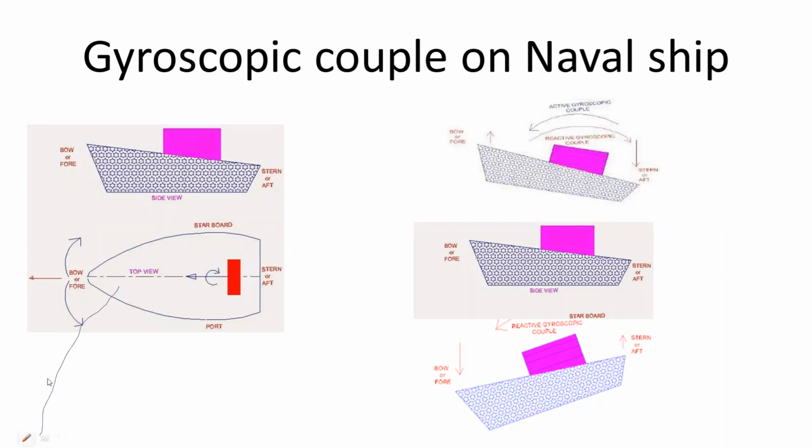So when the naval ship is sailing in the water, due to wave impact on the ship, the front end of the ship moves in the upward and downward direction, and it undergoes harmonic motion along this vertical plane.